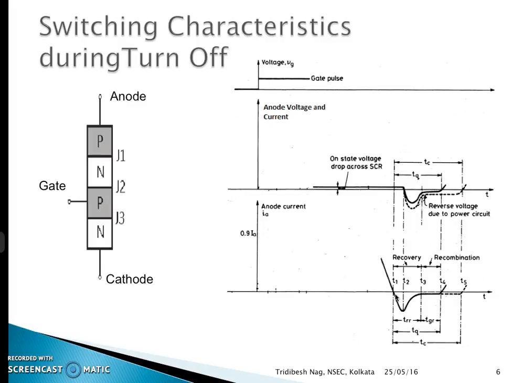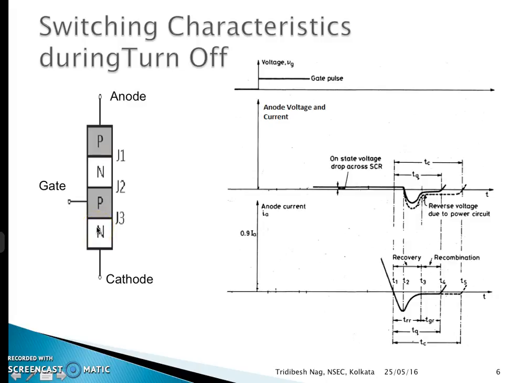The reverse recovery current removes excess carriers from the end junctions J1 and J3 between the instants T1 to T3. In other words, reverse recovery current flows due to the sweeping out of the holes from the top p layer and electrons from the bottom n layer.